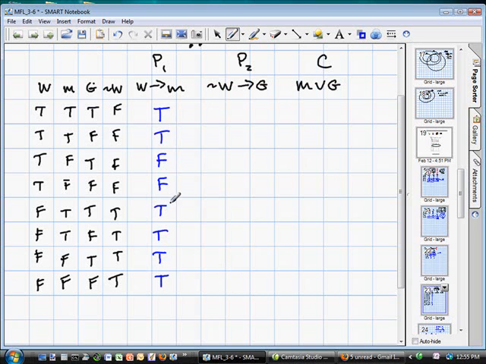Okay, now, if not W, then G. So you got to go backwards here. You got to go from this column if this, and we got to go back to here. Okay, can you work backwards? Here we go. If false, then true. If false, then false. If false, then true.